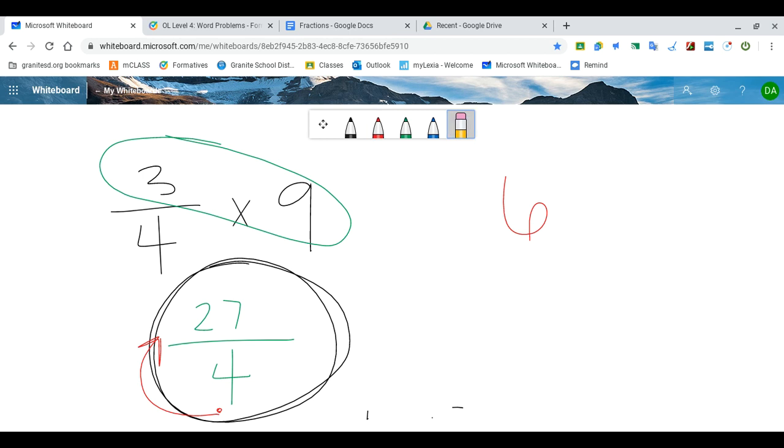And then I need to figure out my remainder. So I got to 24 right here. I'm going to use a different color. I got to 24 by multiplying 6 times, which is written right here. I got to 24, but how many ones are in between 24 and 27, which is going to be my remainder?